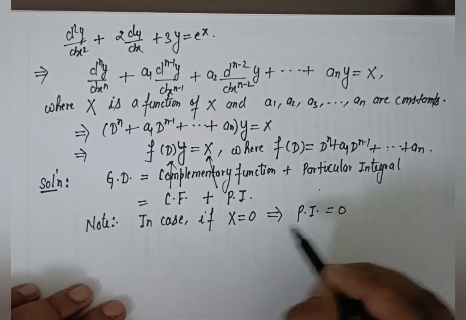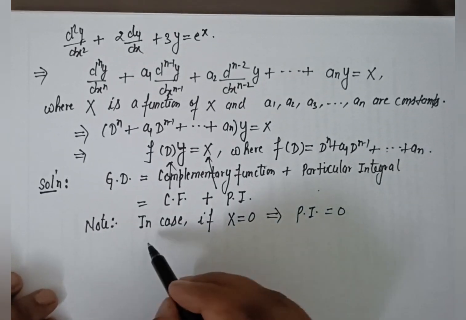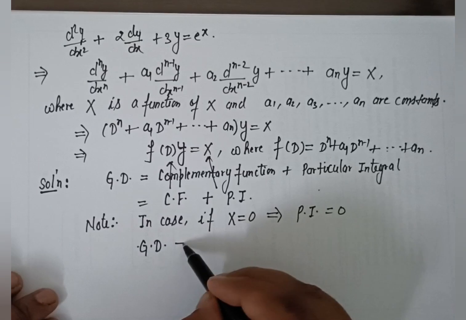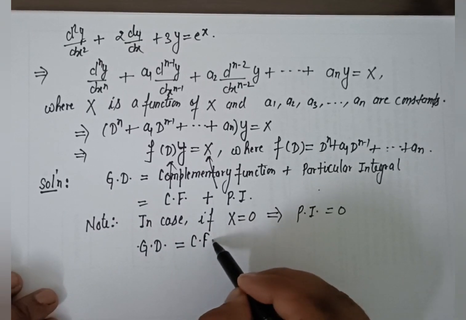Okay, and there is no need to find the particular integral; the general solution of the linear differential equation with constant coefficients will be decided by the complementary function alone.